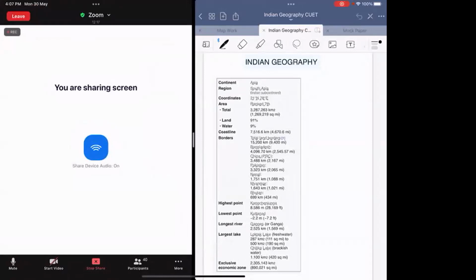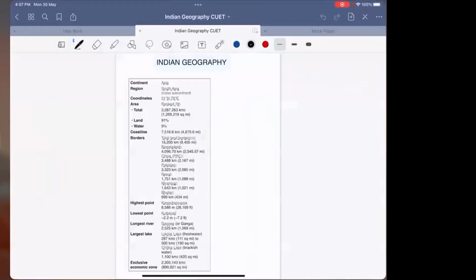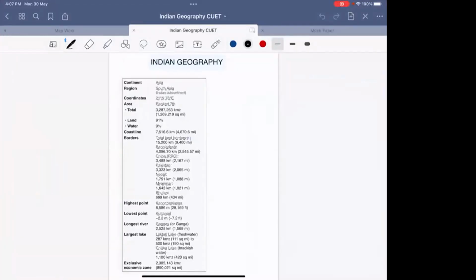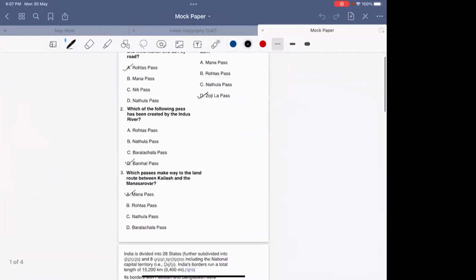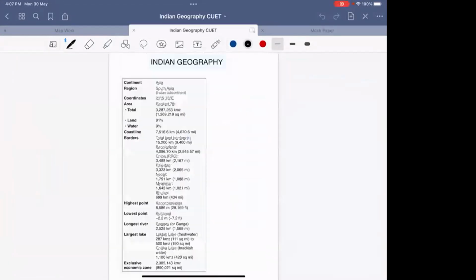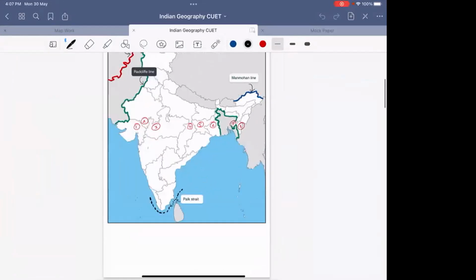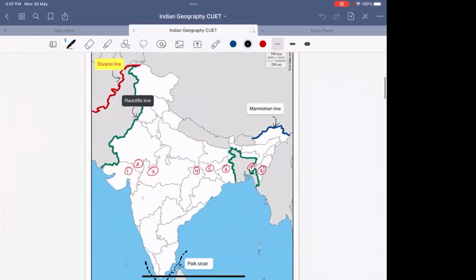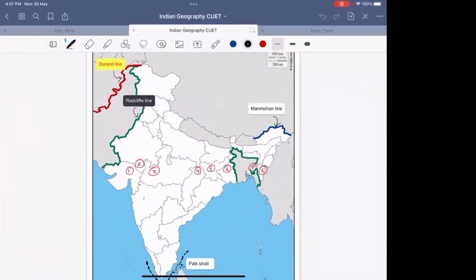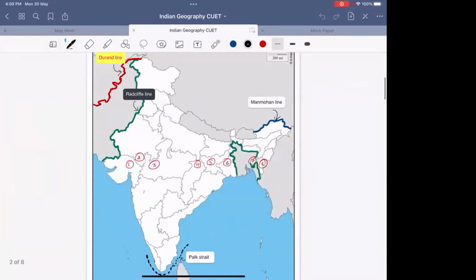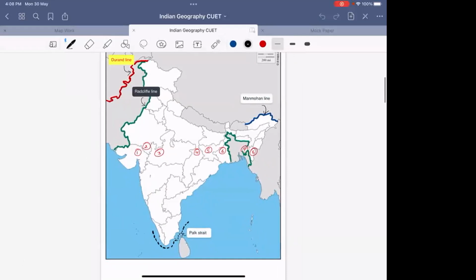Dhruv, I hope my screen is visible. Okay. So we will start. Just a minute. We will start with India's map. I hope my screen is visible to everyone.